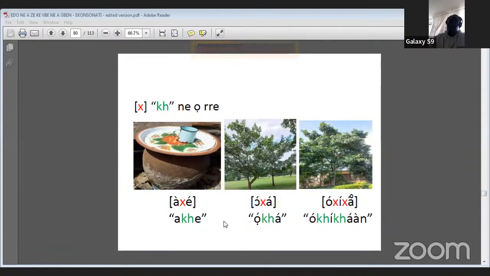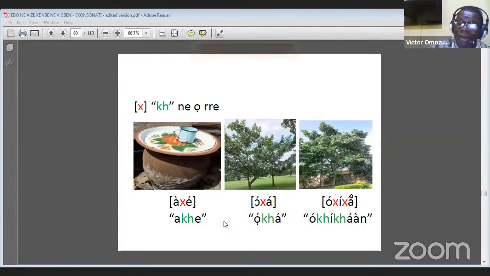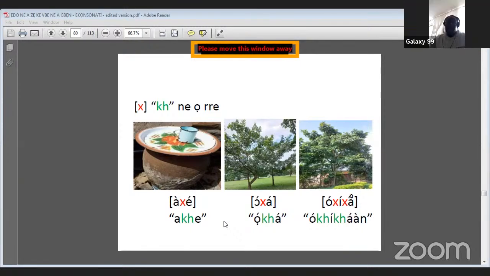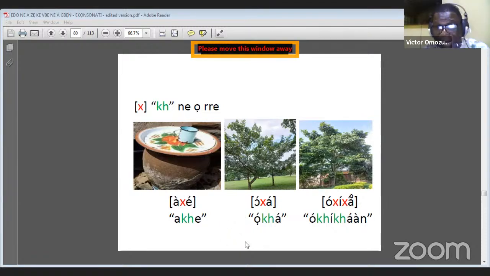The we has been elided. And I further said that the is also fully or totally assimilated by the preceding a. So that is why people now say Isawe.